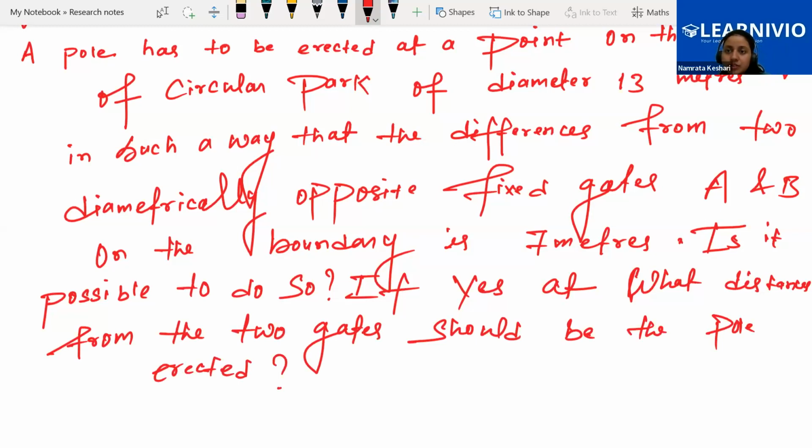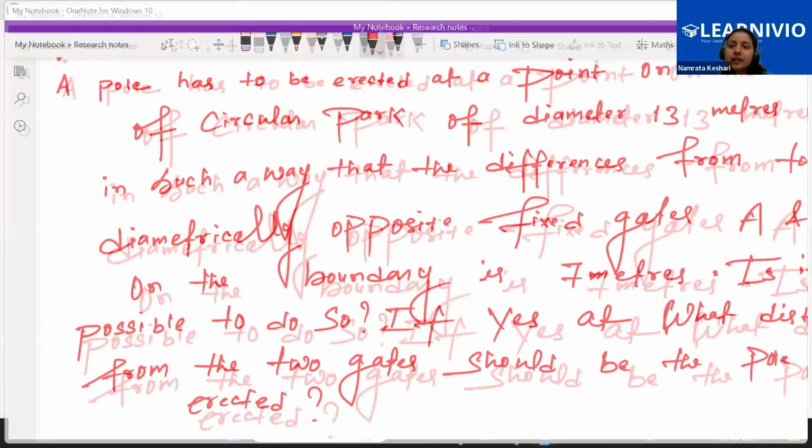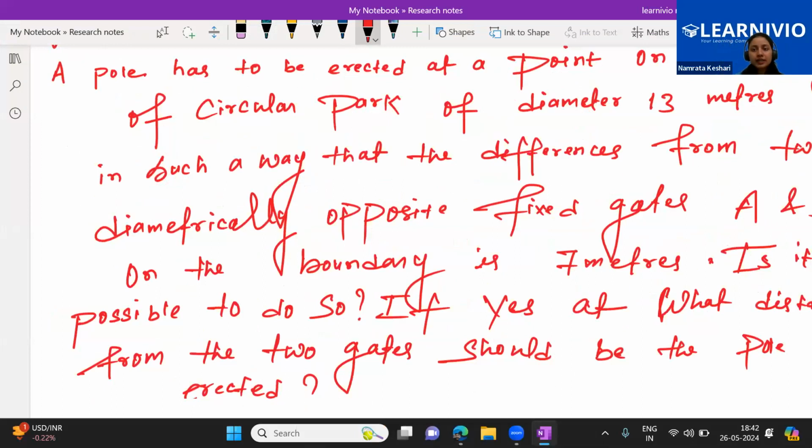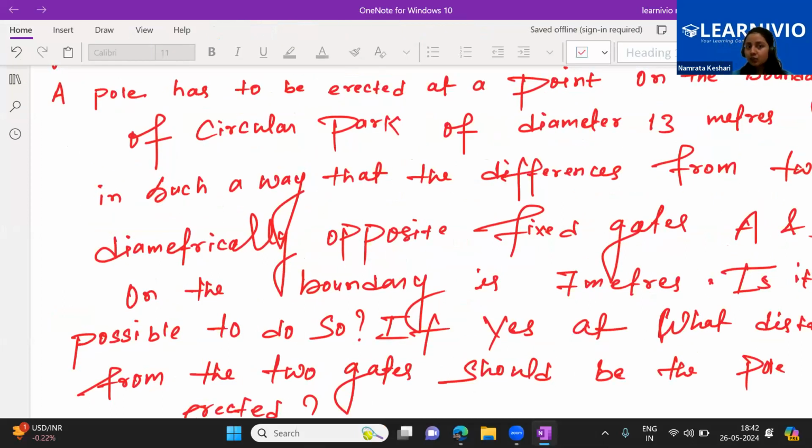Whoever have joined just now, we have not started anything. I was just writing the questions over here and you can see the question on the screen. Quadratic equation, we are done with the topic. You know how to solve the quadratic equation. Word problem we have not taken. So I was talking about we'll be taking few word problem and then completely we will be done with the topic. However, previous year question we have to take it out.